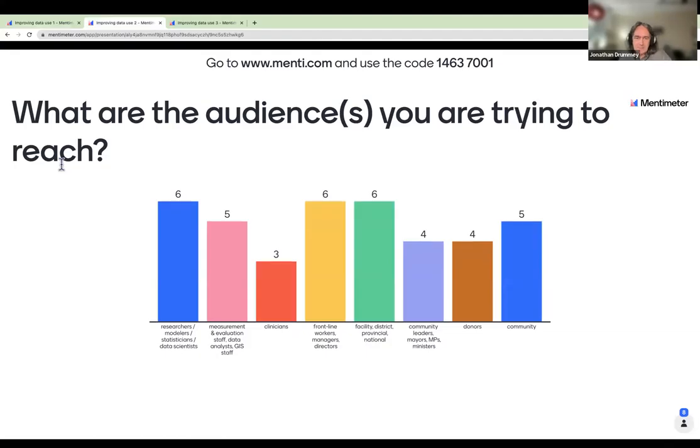So as people are entering here, we can see it's the whole cross-section of results that people are trying to reach with data. So with that, there's characteristics of these audiences that are different. And we're going to be speaking to that so we can make effective data visualizations for them.